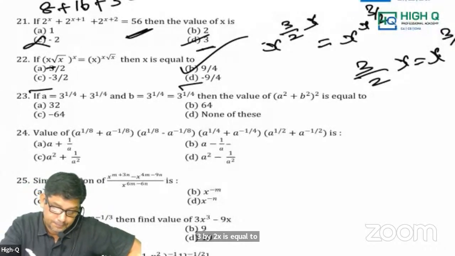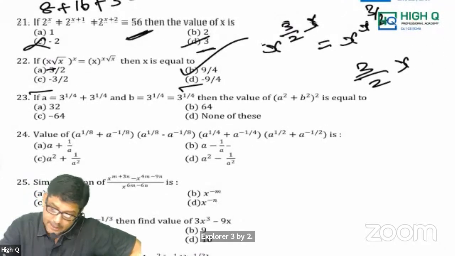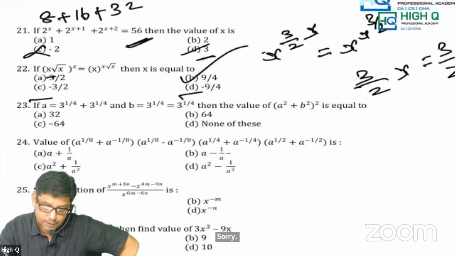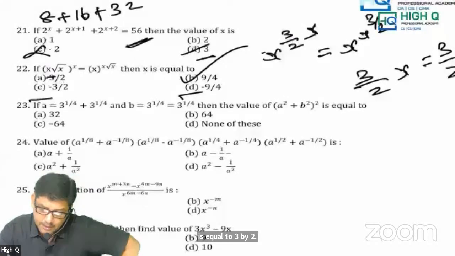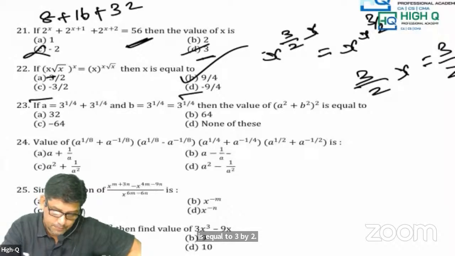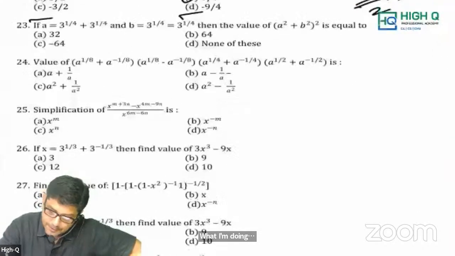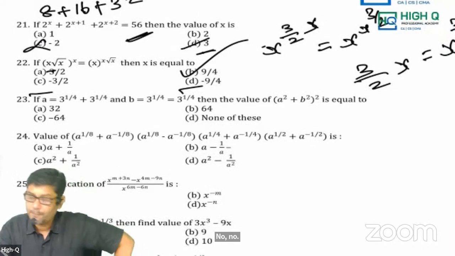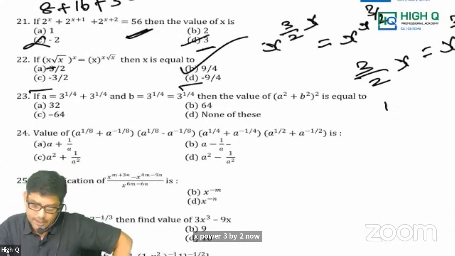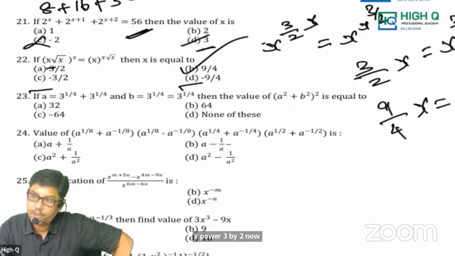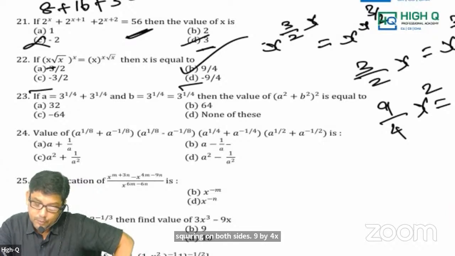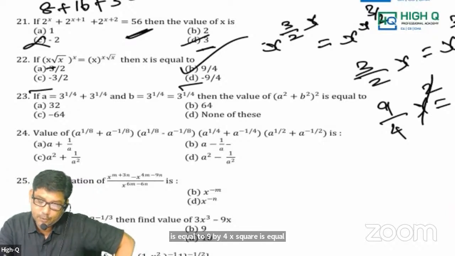Now, squaring on both sides: 9 by 4x is equal to x cube, so 9 by 4 x square is equal to x cube. Cut, only x. X is equal to 9 by 4.